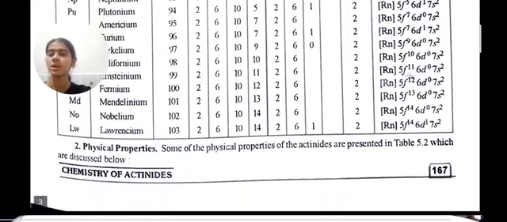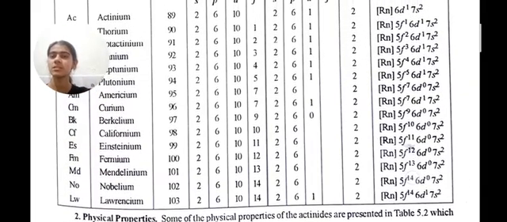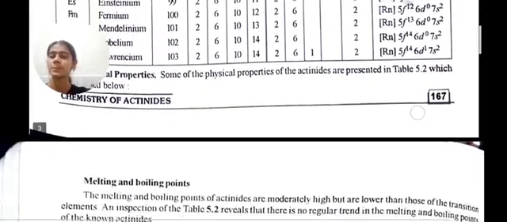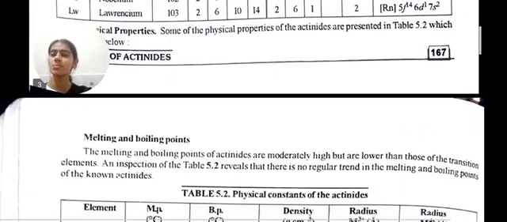The next point is physical properties. Some of the physical properties of the actinides are presented in table 5.2, which are discussed below. We can see table 5.2. Melting and boiling points: the melting and boiling points of actinides are moderately high but are lower than those of transition elements.